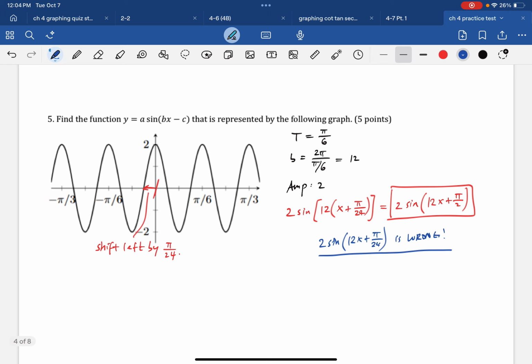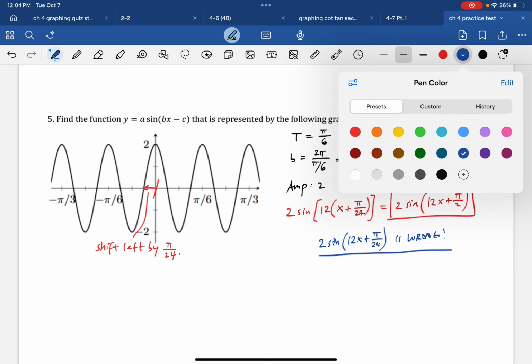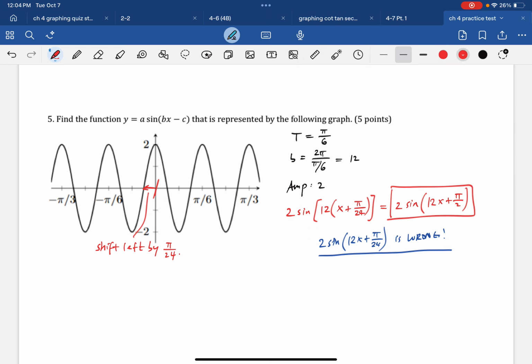Now there are also some equivalent answers that would have also been accepted. 2 sine 12x plus 5 pi over 2 is also good. Or 2 sine 12x minus 3 pi over 2 is also accepted.